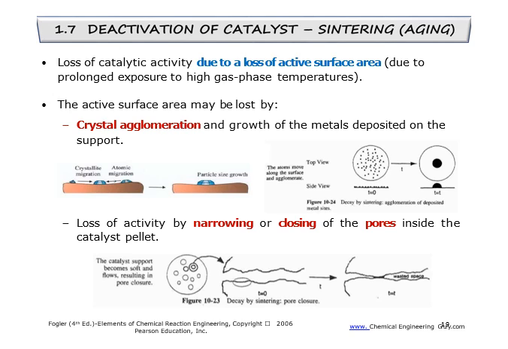Let's have a look at the deactivation of catalysts due to sintering, or the other name is aging. Sintering happens to a catalyst due to prolonged exposure to high gas phase temperatures.